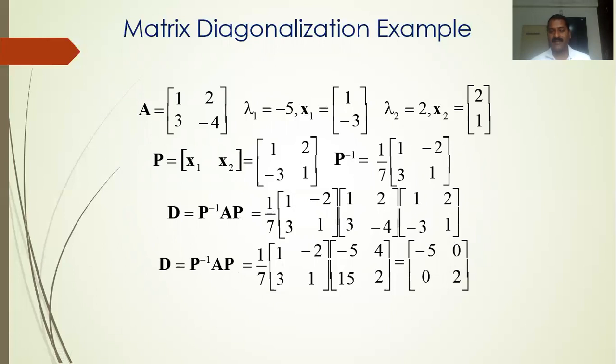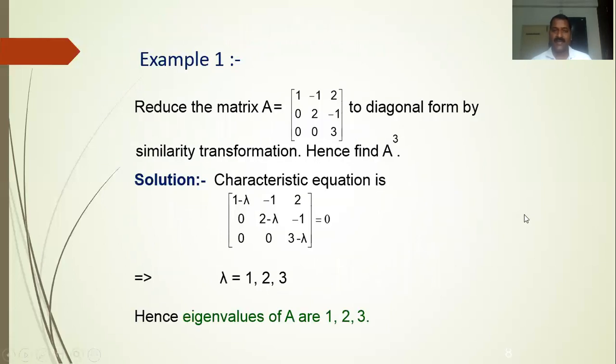So given a matrix A, find its eigenvalues and eigenvectors. Its eigenvalues go as diagonal elements, and the eigenvectors are used in the construction of the model matrix P. Let's take another example.